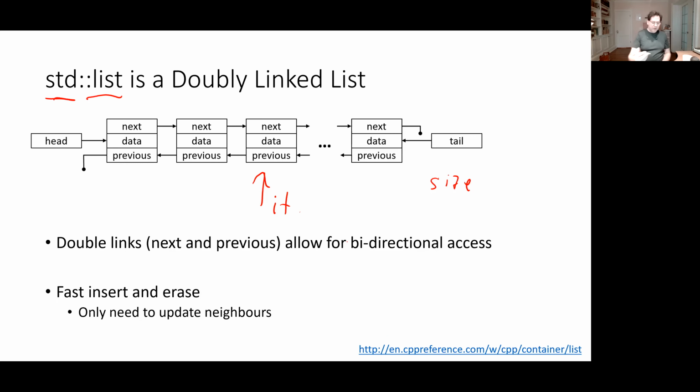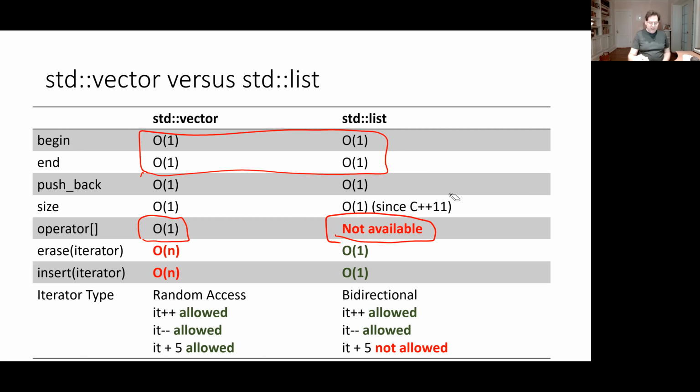So in theory, I could write a square bracket operator. If I said list of 2, I would go, okay, well, that's 0, that's 1, that's 2, give me that. But in order to do that, I'd have to walk through the first 3 elements of the list. It would be an order n random access operator. And the creators of STL basically said that's not useful.